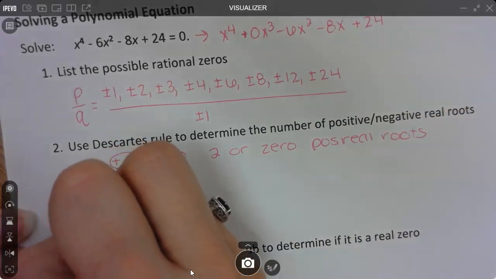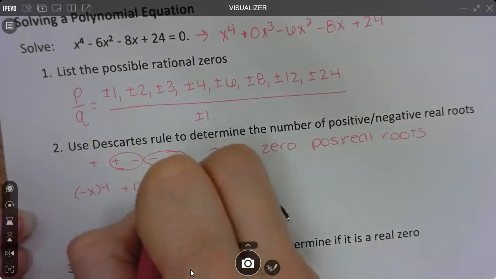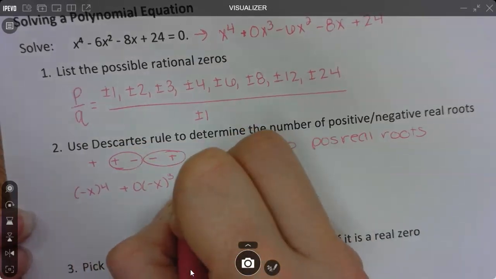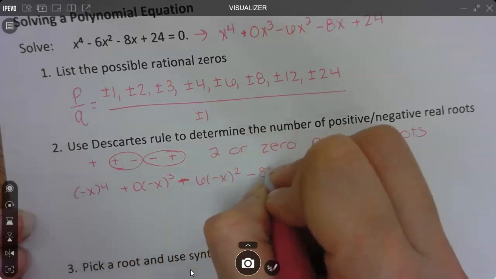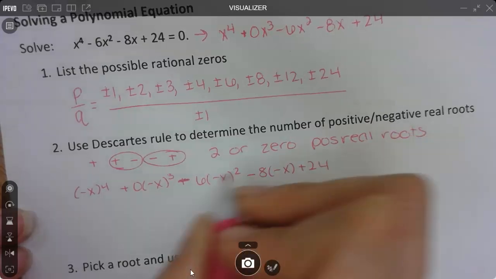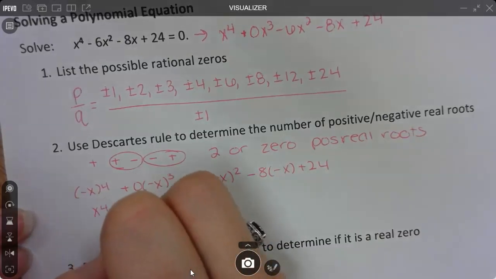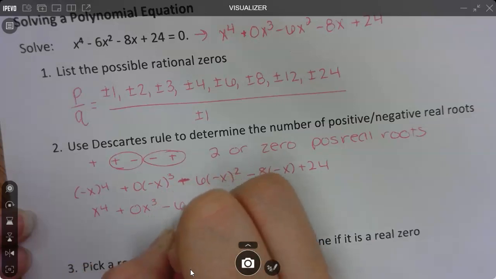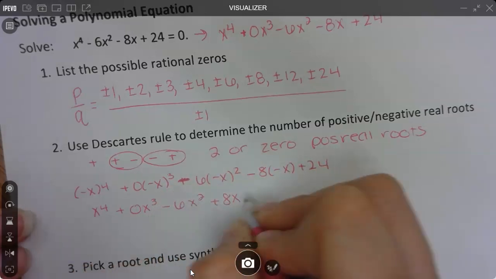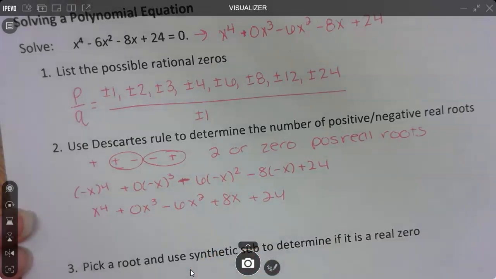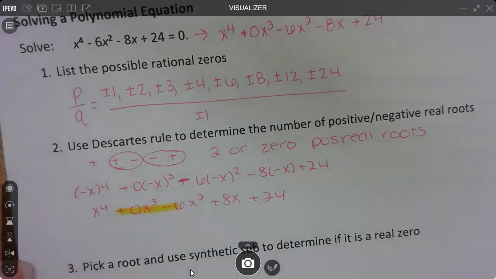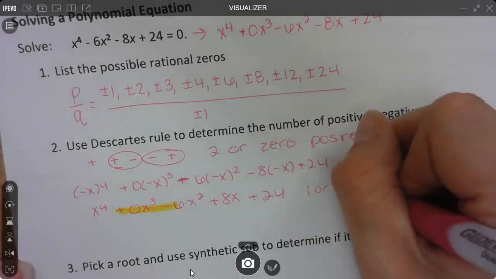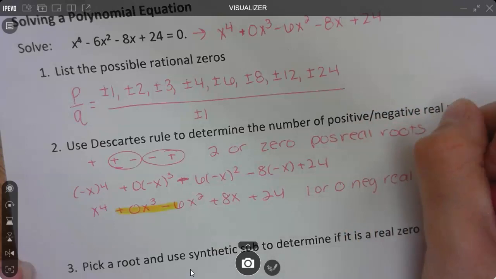Plugging in negative x, we get x to the 4th plus 0x cubed minus 6x squared plus 8x plus 24. So 1 sign change. So that means we could have 1 or 0 negative real roots.